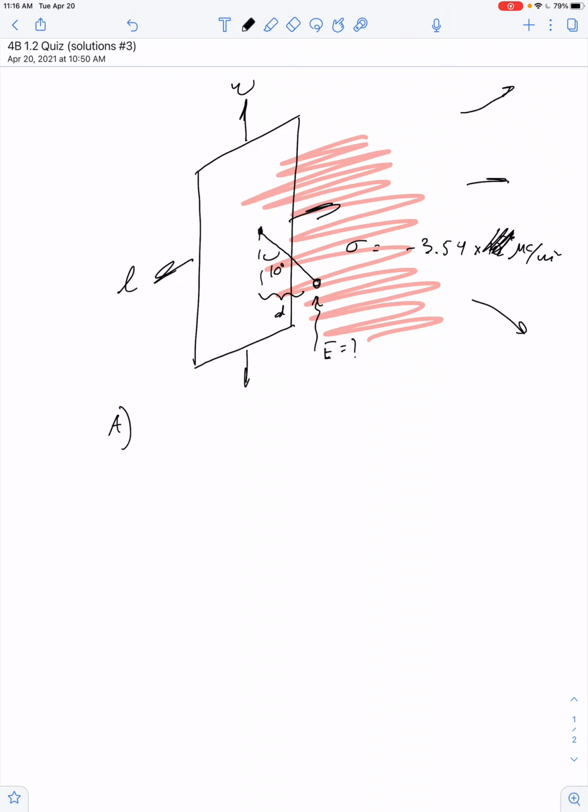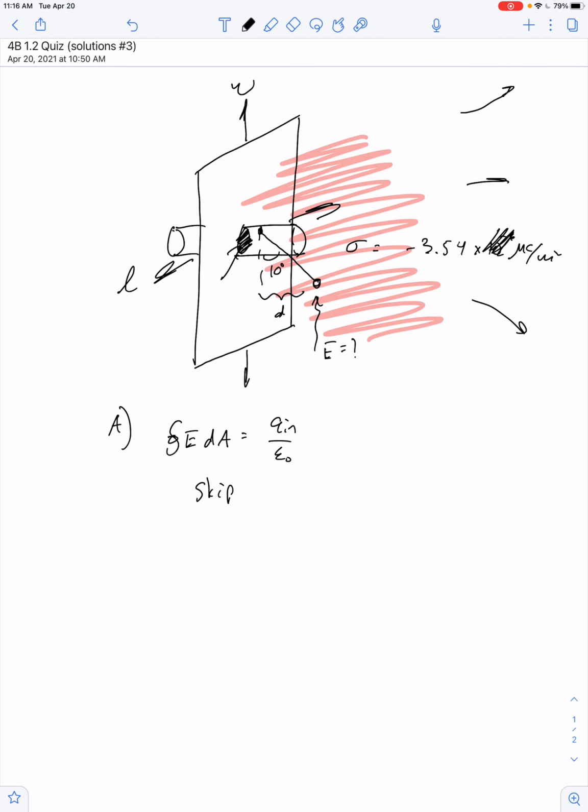So we apply Gauss's law. We choose a Gaussian surface, something like this. The integral of E dA is Q enclosed over epsilon naught. The amount of charge inside of that Gaussian surface is represented by that shaded area.